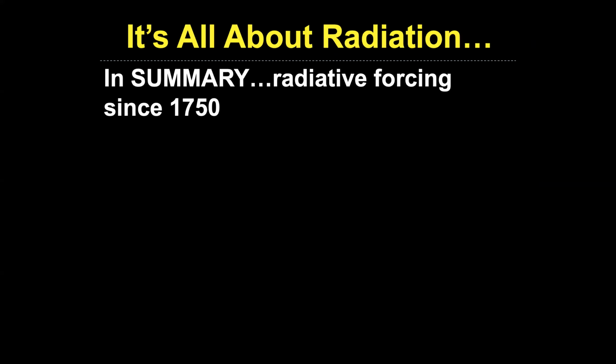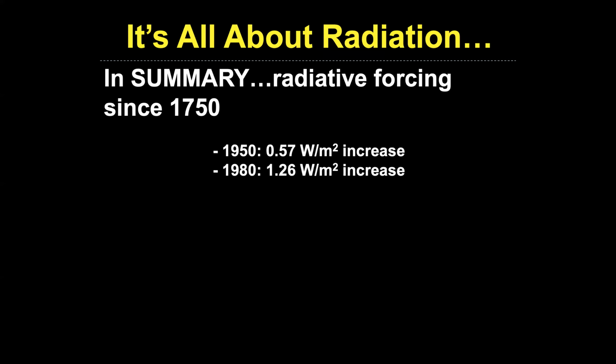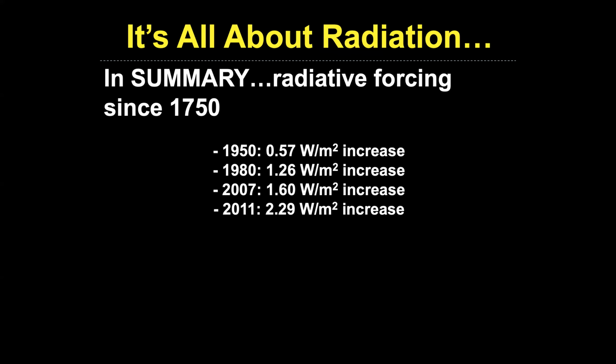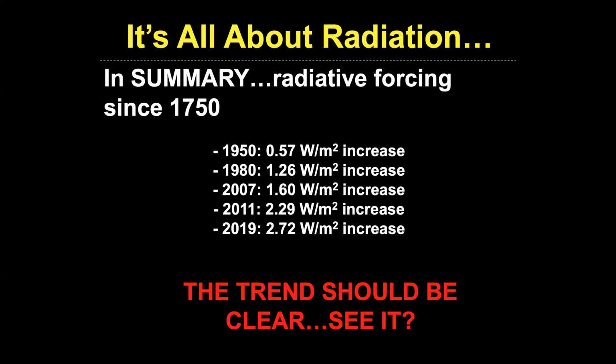Okay, so in summary, since 1750, in 1950, the increase was 0.57. In 1980, 1.26. In 2007, 1.6. In 2011, 2.29. And in 2019, 2.72. The trend should be clear. That's what we're focusing on, what's happening trend-wise.